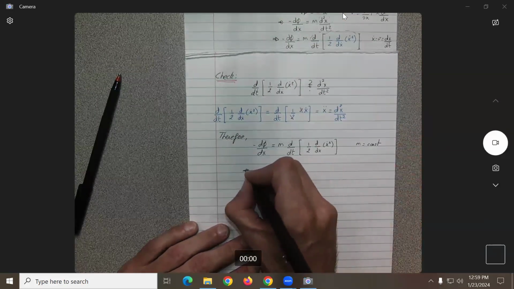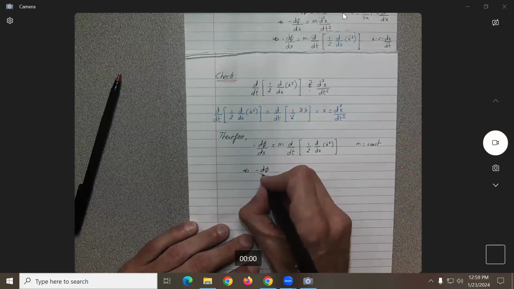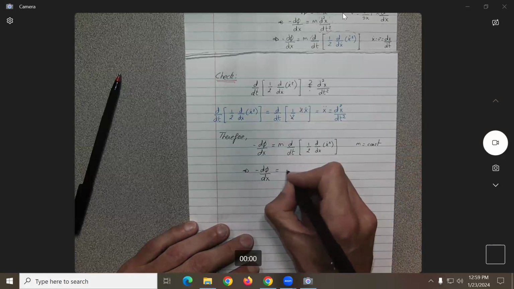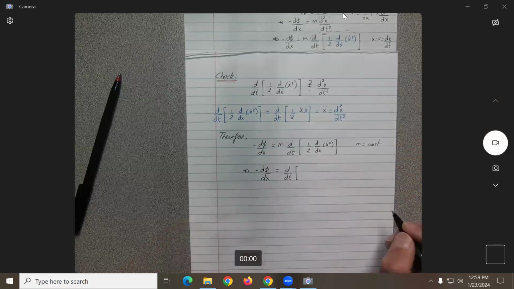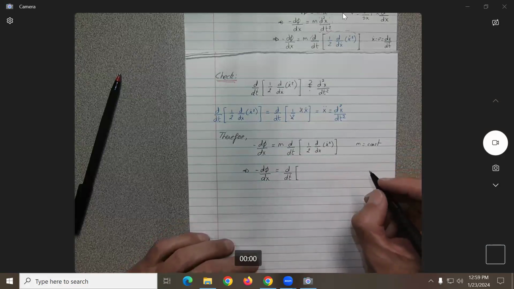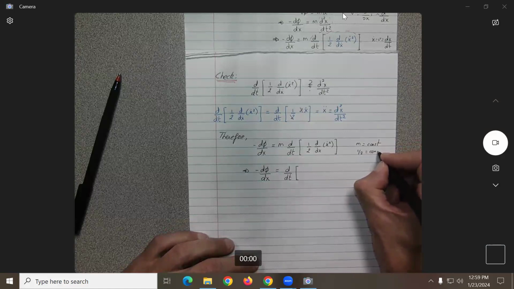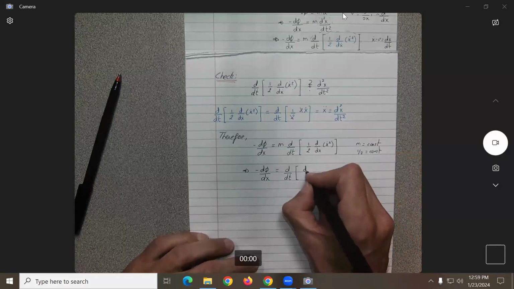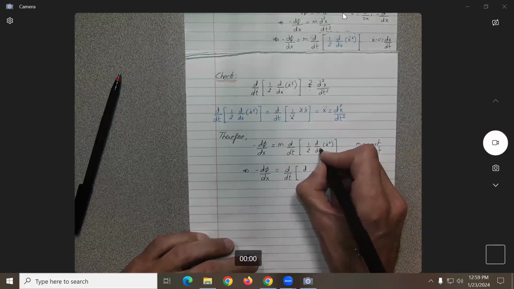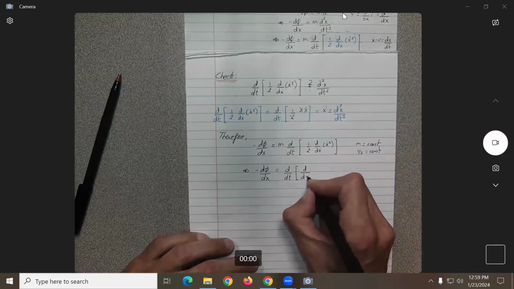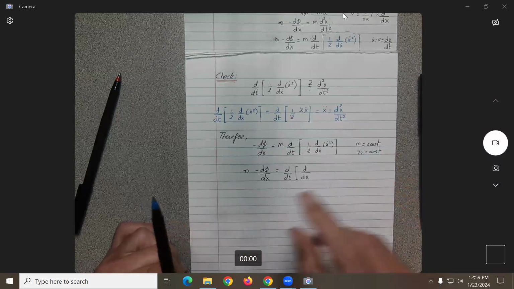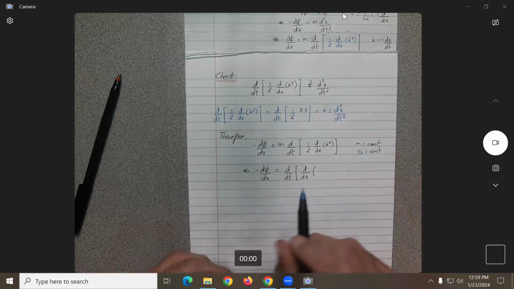So I can rewrite this as minus dφ/dx equal to d/dt of, and this is also constant. I'm going to skip one step. Here this is dx dot, so don't forget to put the dot at the bottom. If it's constant, I can put those two constants anywhere I want. So it should be equal to what?